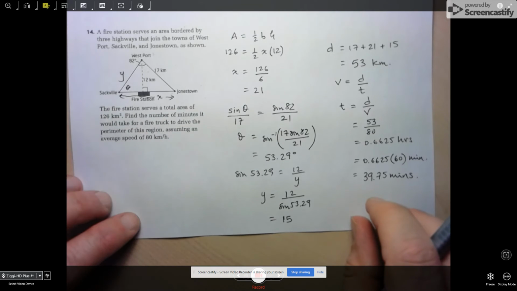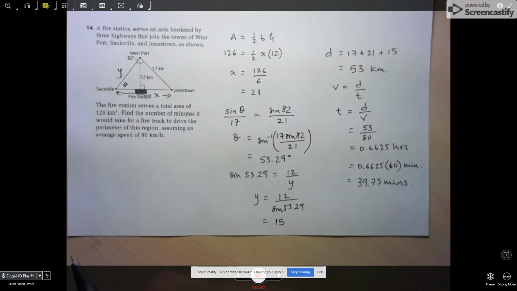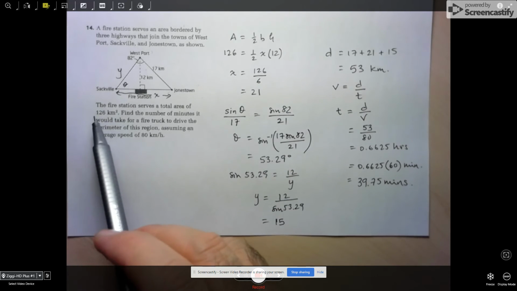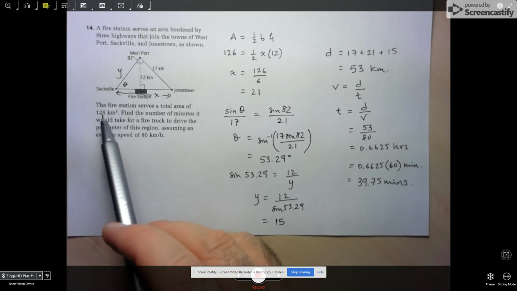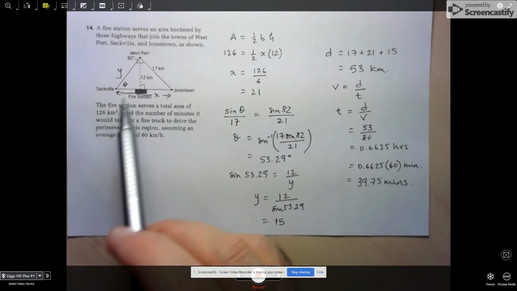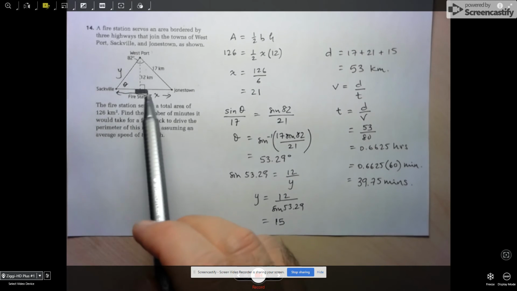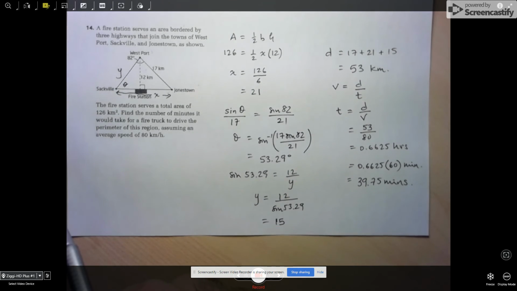All right, so let's recap here, because this again was a question that had quite a few steps involved, but the idea was to have a plan. Step number 1 was to see how we could use the area to easily find the second of the 3 side lengths. So we just used the area formula to determine that this side length was 21.